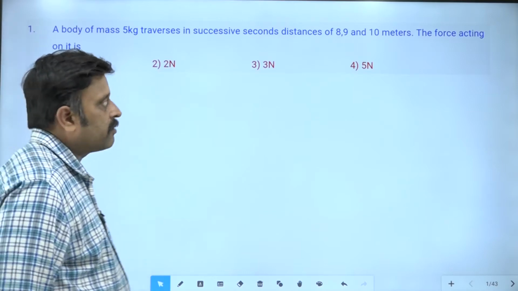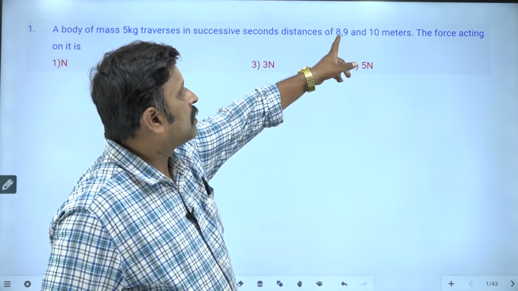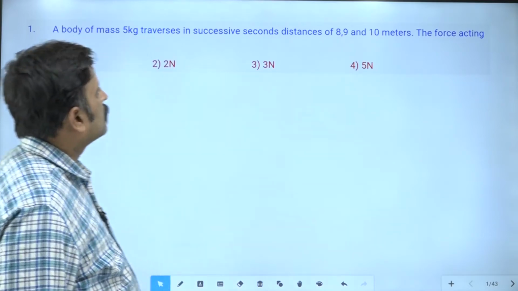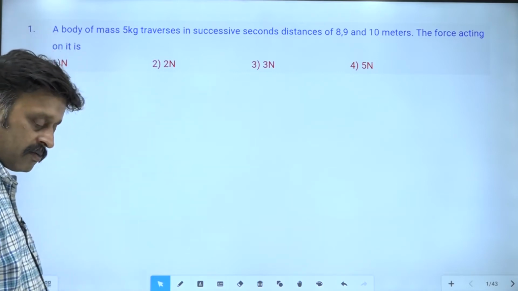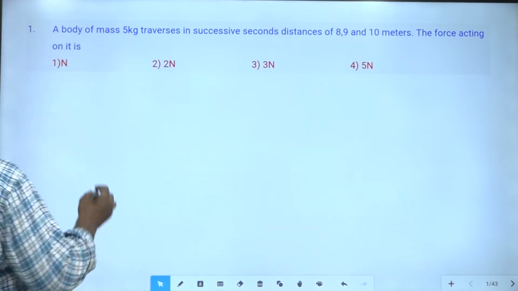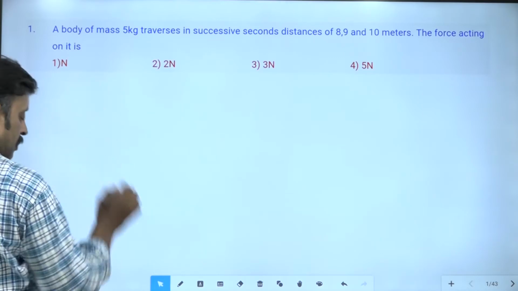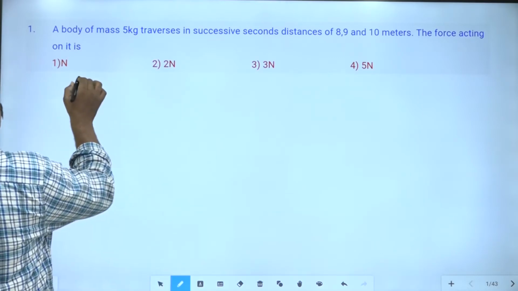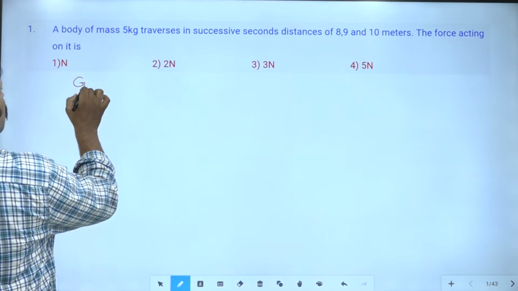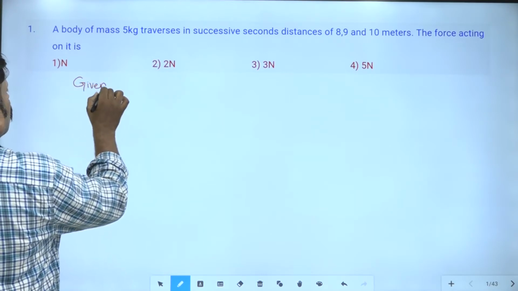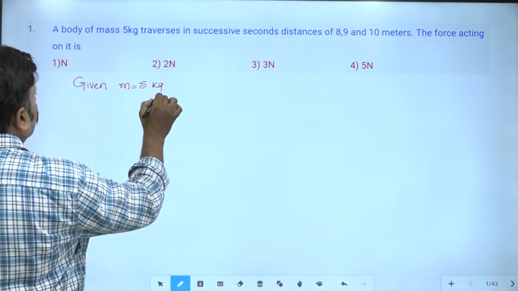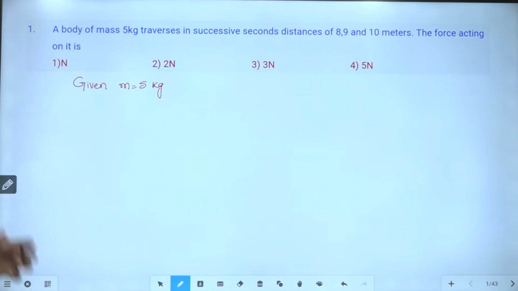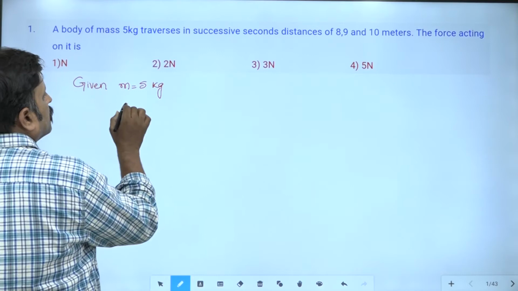What are the distances traveled by the mass given? 8, 9, and 10 meters in successive seconds. Mass of the body is given as 5 kg. Now, given: mass of the body as 5 kg, change in distance.